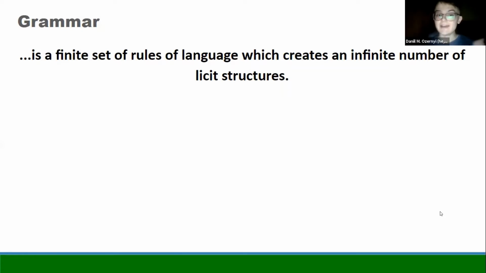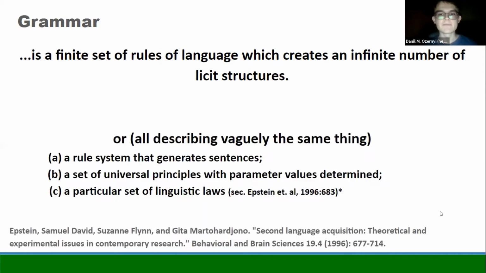And I'm going to give you some more definitions because this one might seem too complicated. There are also three definitions I have here from an article by Samuel Epstein, Susan Flynn, and Gita Martohardjono. A rule system that generates sentences. I guess it's similar. A set of universal principles with parameter values determined.